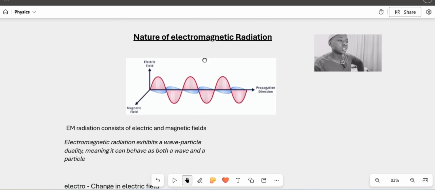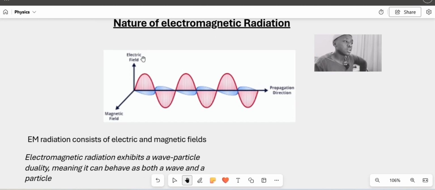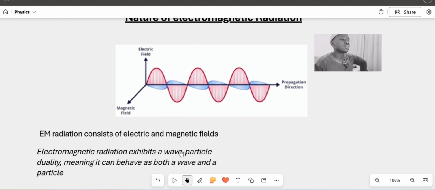Now we're going to the nature of electromagnetic radiation. Electromagnetic radiation consists of an electric field and a magnetic field. As you can see here, the electric field is indicated in red, and the magnetic field is indicated in blue. Electromagnetic radiation exhibits wave-particle duality.